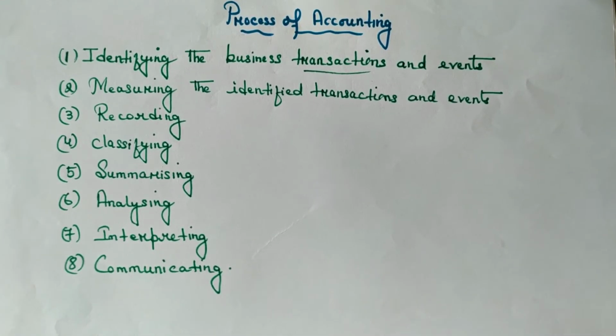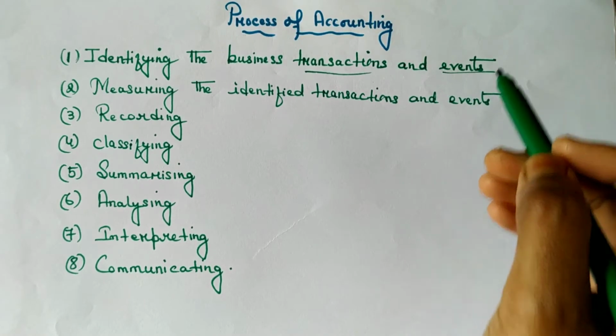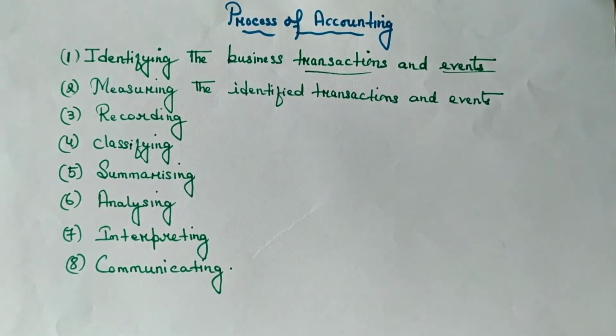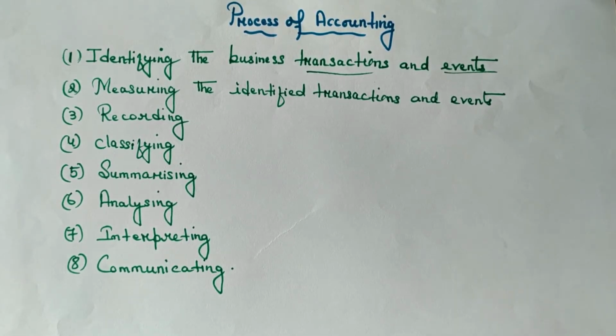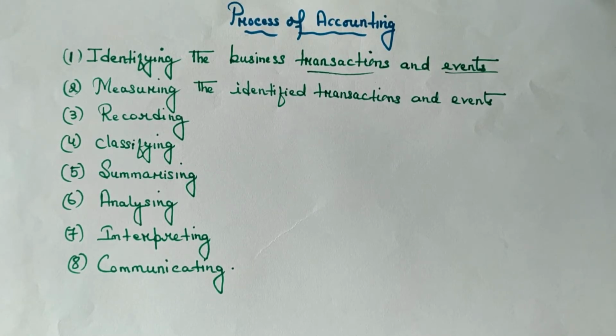Say, for example, purchase of a car for cash. And an event is a happening of consequence to an entity. Say, for example, use of raw materials for production. Whereas an entity means an economic unit that performs economic activities.